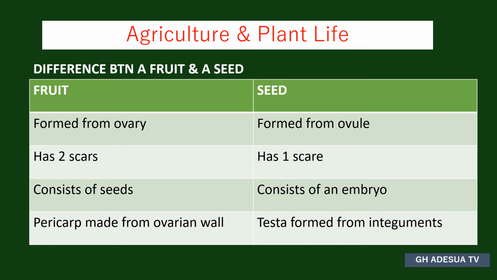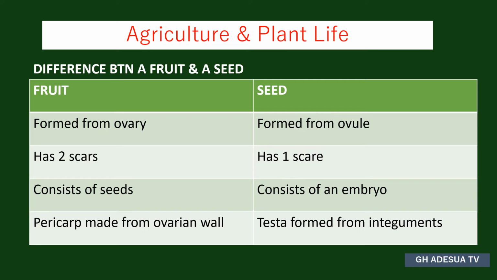For the fruit, the point that it attaches to the plant, there's a scar, and on the opposite side where the ovary tapers out, it's also another scar. While the seed has only one scar, that is the point of attachment of the ovules into the ovary. That's the only scar that is found on it.